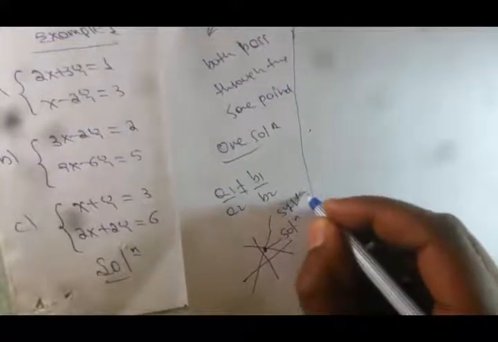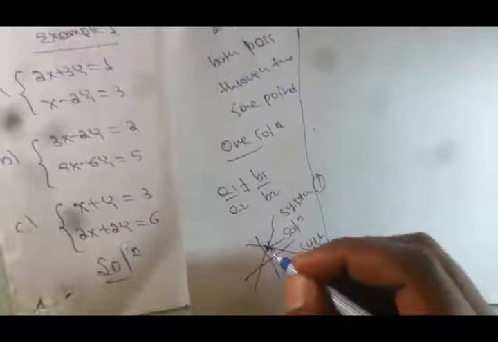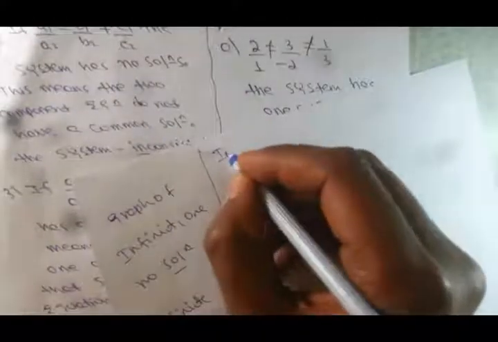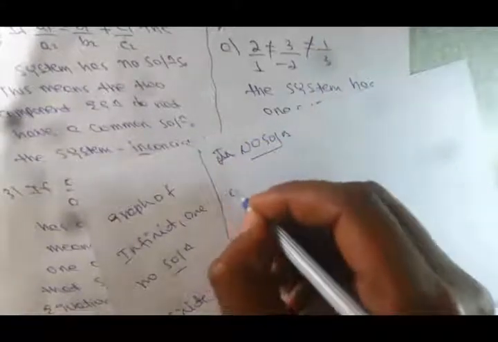For example, this is system 1, this is system 2, and they will cross at only one point. And the last is no solution. That means a1 over a2 equals b1 over b2 is different from c1 over c2, or the equations are parallel.